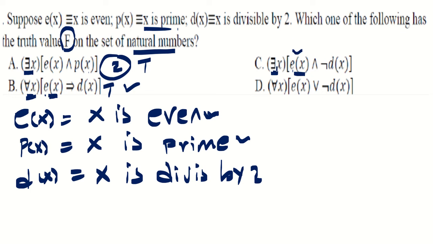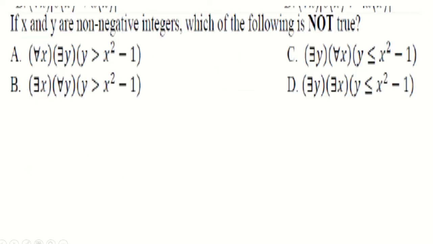This says there is a natural number which is even but not divisible by 2. Wrong. All even natural numbers necessarily have to be divisible by 2. So there is no even natural number which is not divisible by 2. So the answer will be C.